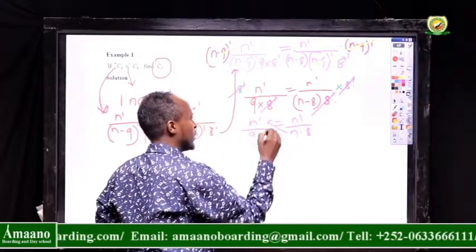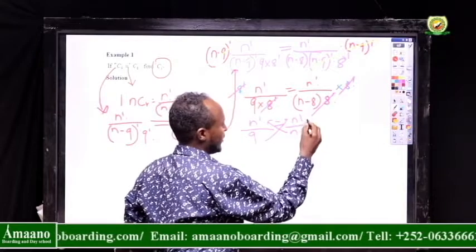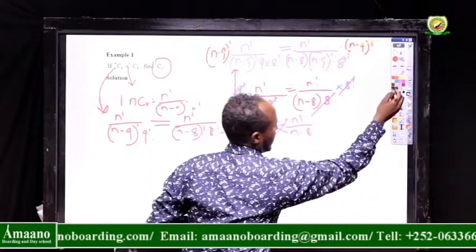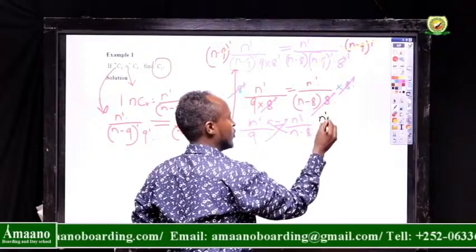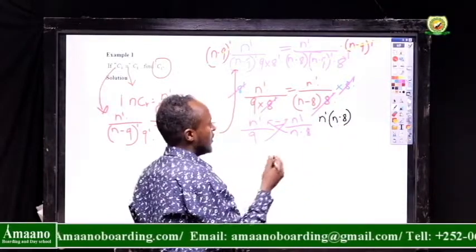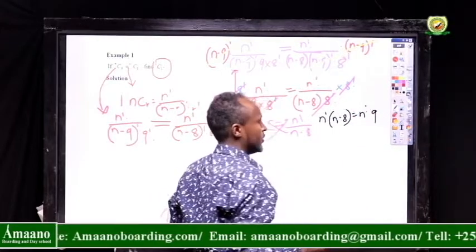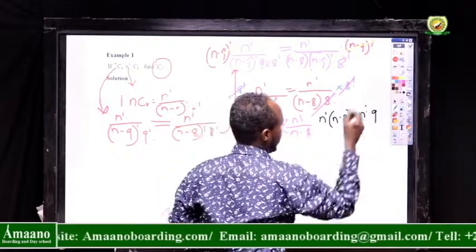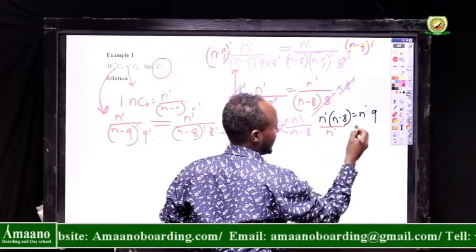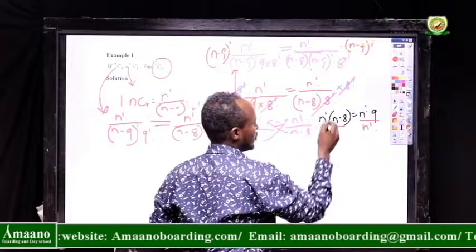If you cross multiply, you will have n factorial times n minus 8 from this side. From the other side, we have n factorial times 9. If you divide each side by n factorial from this side and n factorial from the other side, then these two cancel out.